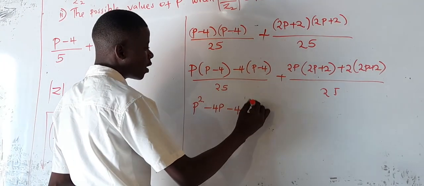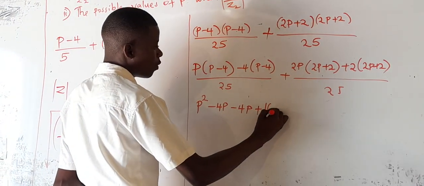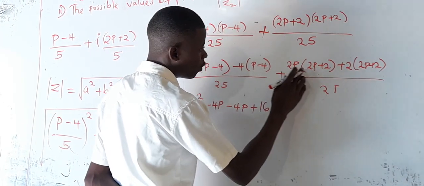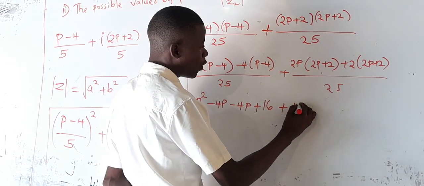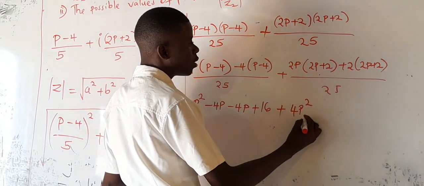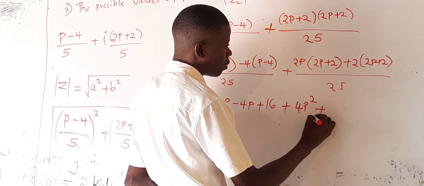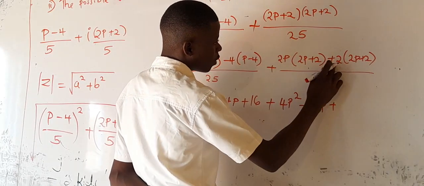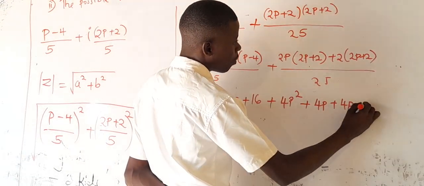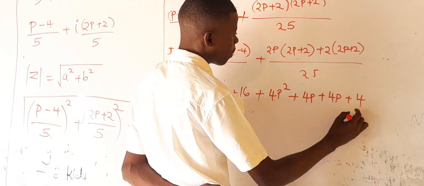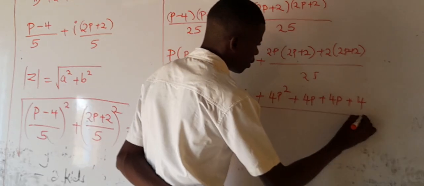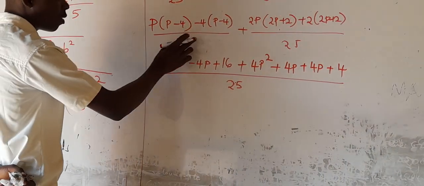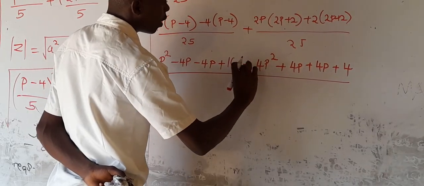This negative and this negative give us positive, so plus 4 times 4 is 16. And then plus this one times this one, it is 4P squared plus 4P plus 4P plus 2 times 2 is 4, over 25. The denominator is just the same, that's why we have just added it.